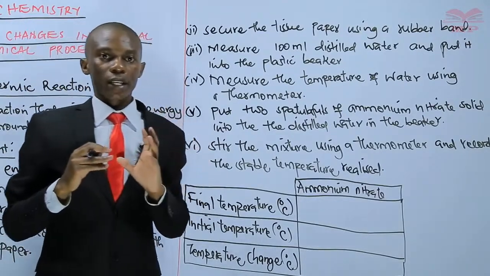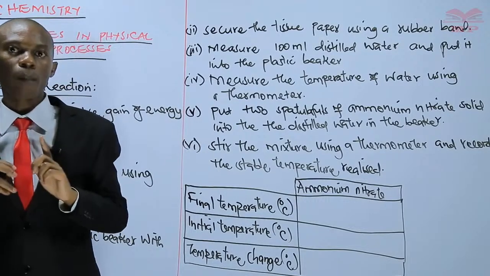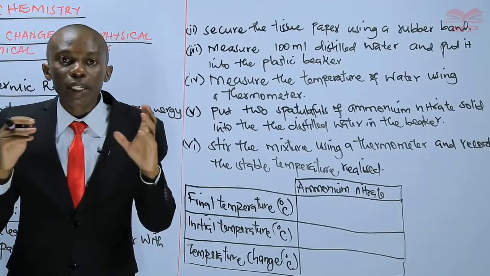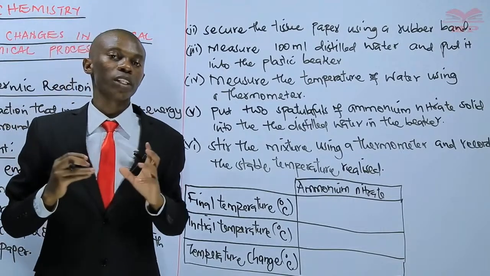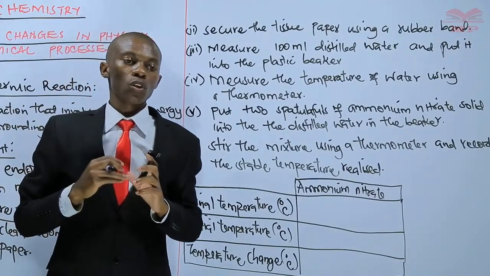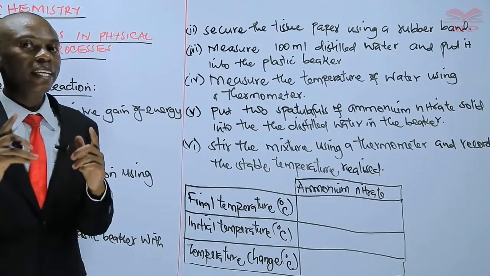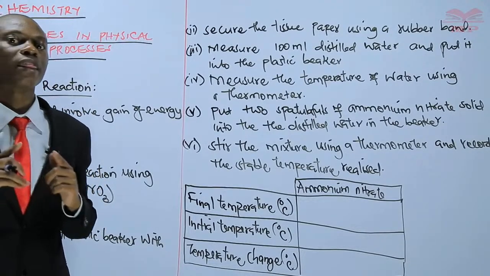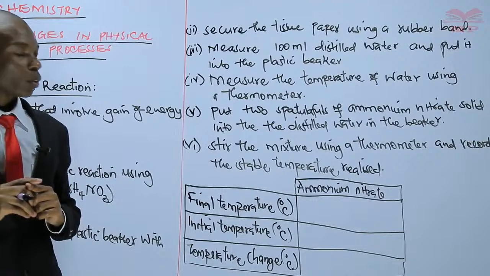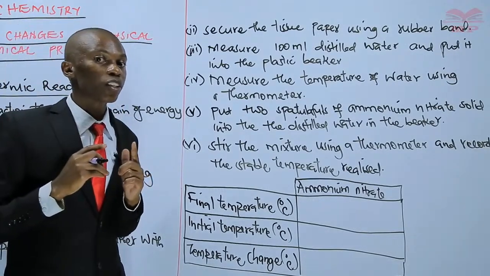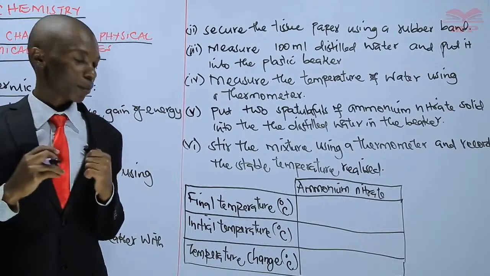It is expected that when you put ammonium nitrate in water, there's going to be gain of heat from the surrounding. So dissolving ammonium nitrate in water gains heat from the surrounding. So we expect that the final temperature is going to decrease.